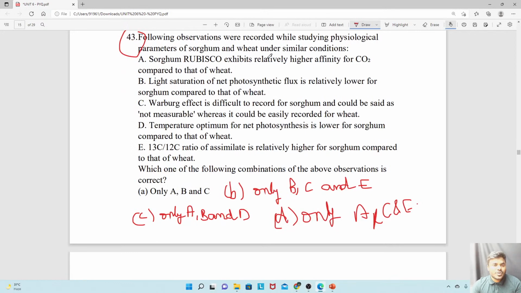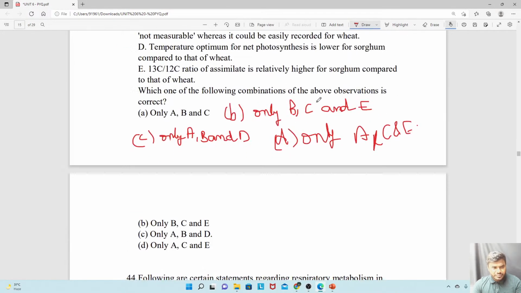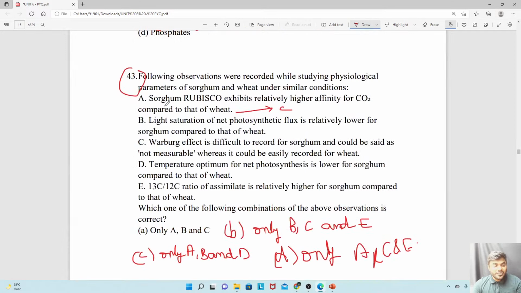The following observations were recorded while studying physiological parameters of sorghum and wheat under similar conditions. And what's the given question? Given options, if you look into this, sorghum Rubisco exhibits relatively higher affinity for carbon dioxide compared to wheat. Right statement only, na? See, actually, friends, sorghum is what plant? Sorghum is a C4 plant, correct?